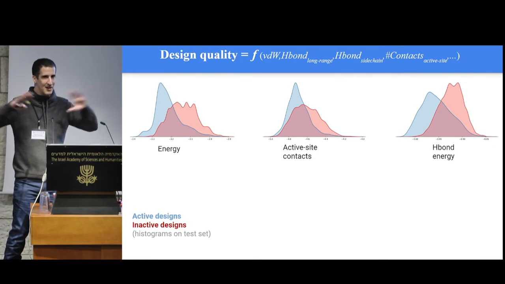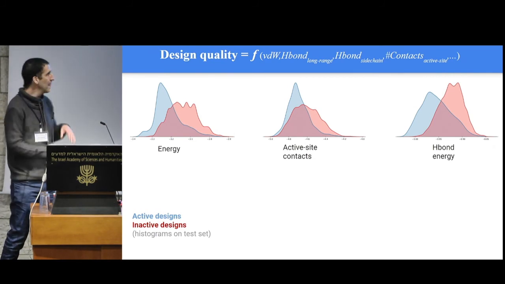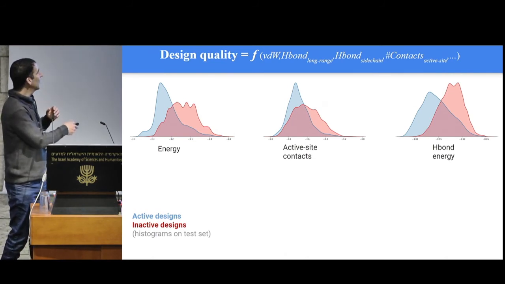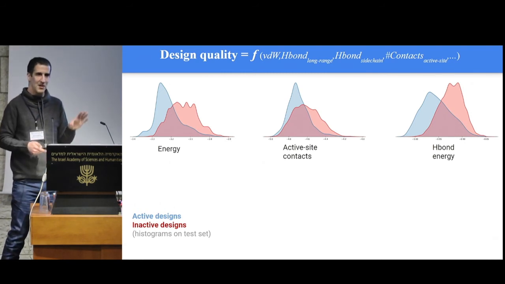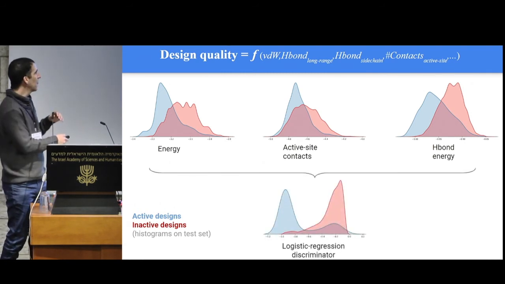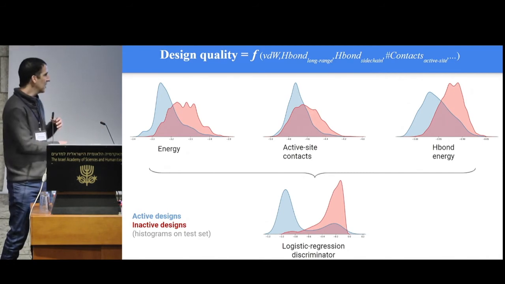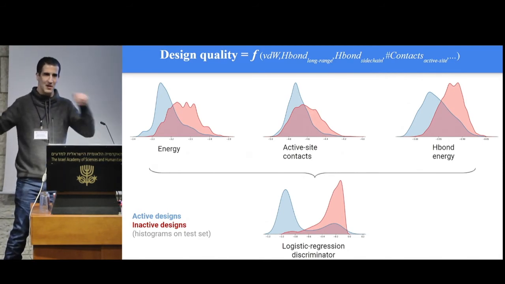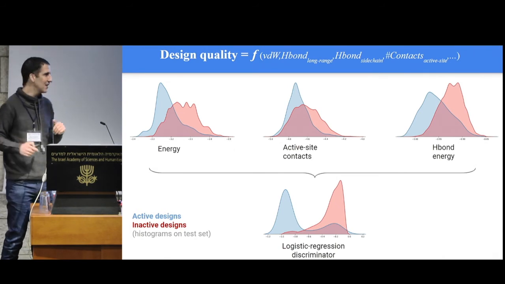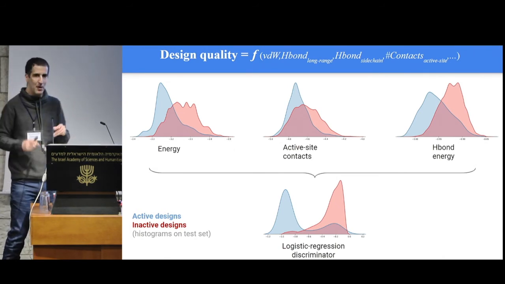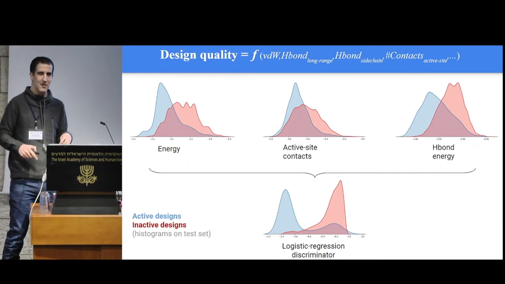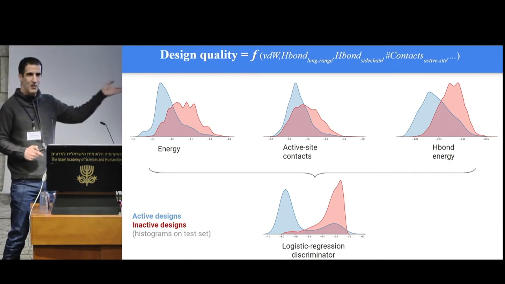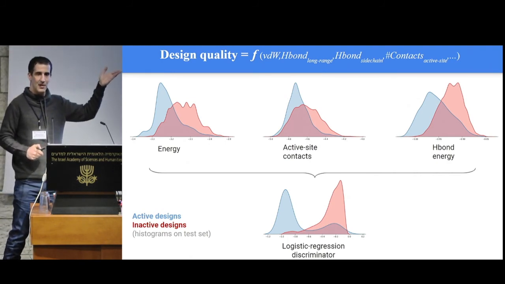There are about 9 or 10 such features that discriminate them, but you can appreciate that the distributions are highly overlapping. But now, by the magic of logistic regression, if you combine these through a logistic regressor, what you find is a really almost complete discrimination of active from inactive designs. So this seems like a very powerful separator of active from inactive designs. And now the question is, can we actually use it to improve the repertoire?